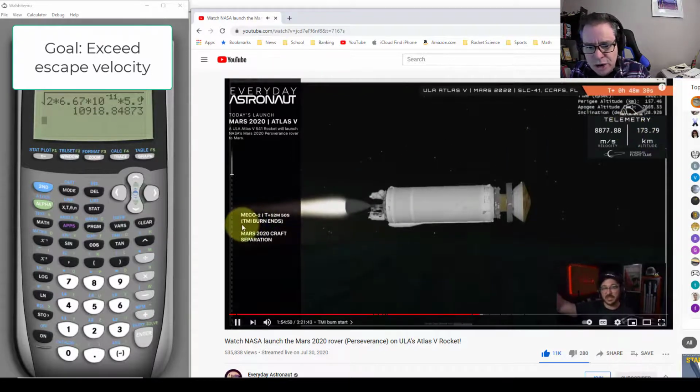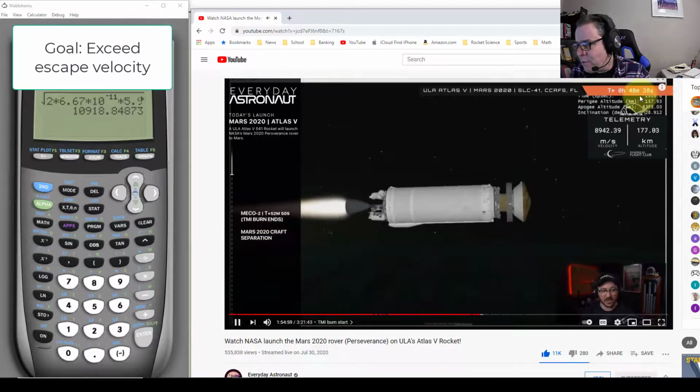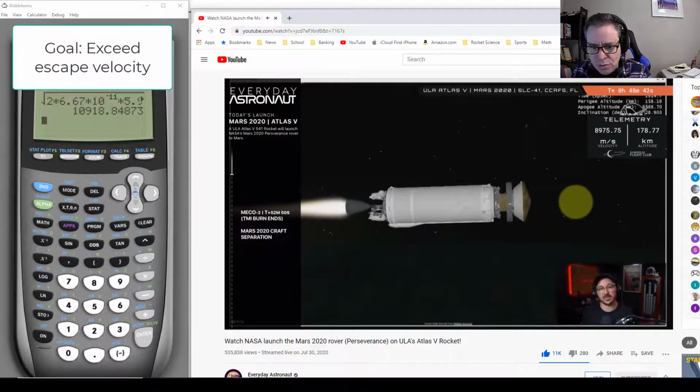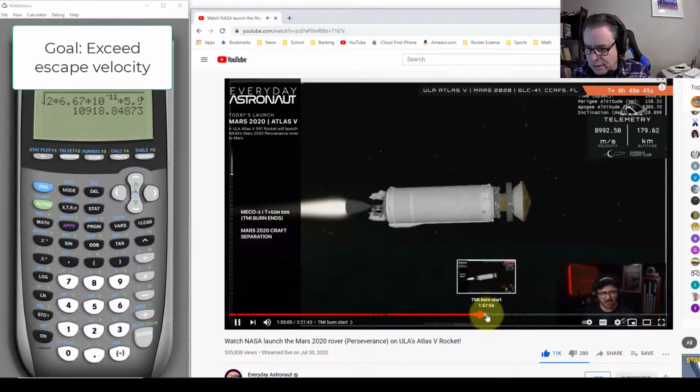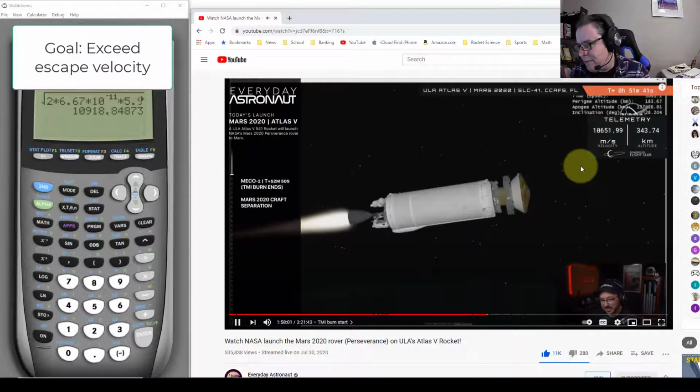So this is the trans-Mars injection burn that ends at about 52 minutes and 50 seconds into the flight. And we're at 48 minutes right now, so I can see this is going to take a little longer. So we might just jump ahead a little bit. Yeah, so there it's at 10,600, coming up on what I know is the escape velocity roughly at an altitude of 300 kilometers.